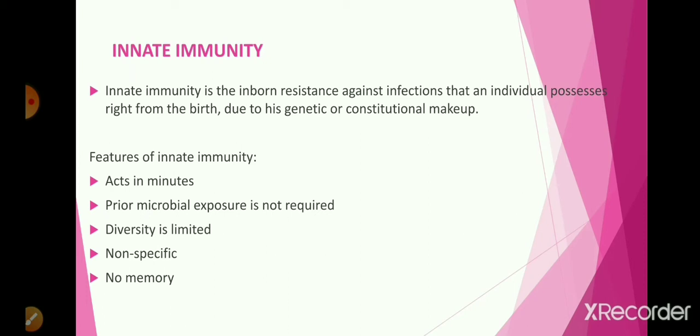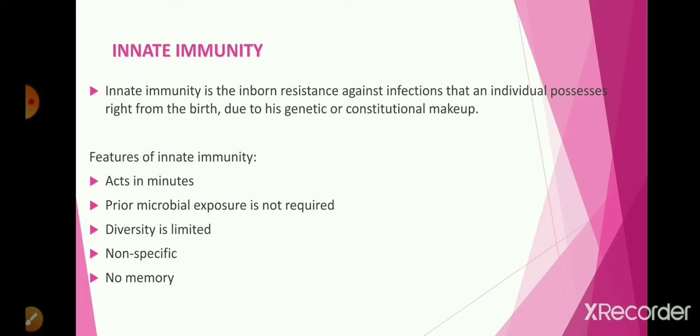They just know that these are microorganisms, these are pathogens, and they can make us ill, so they should be eliminated or killed so that the body system or cells get healthy. So the innate immune system is inborn resistance against pathogens or infection. From birth it is functional in our body system.